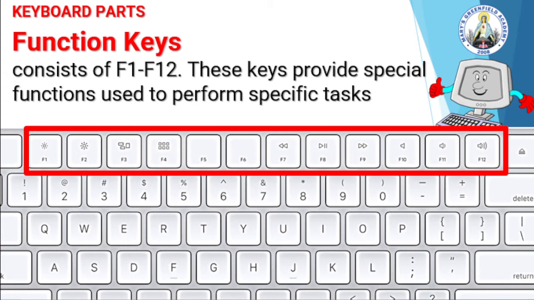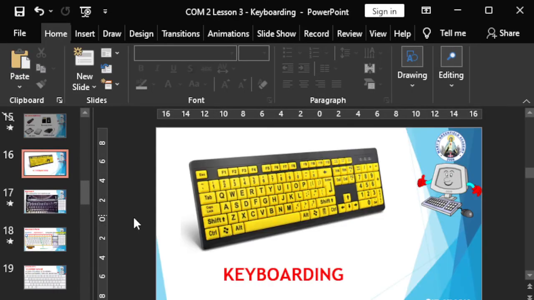Yan. So yung F5 naman, this F5, I use this key just like, gaya ngayon, I'm showing you my presentation. So para siya ay aking ma-show sa inyo in full screen, I press the F5. Kasi kung hindi siya naka-F5, so ganito lang itsura niya. Yan.